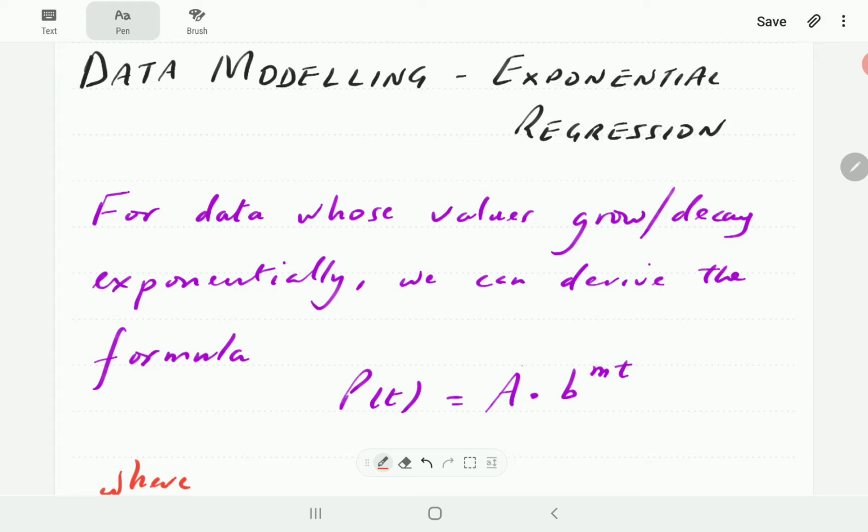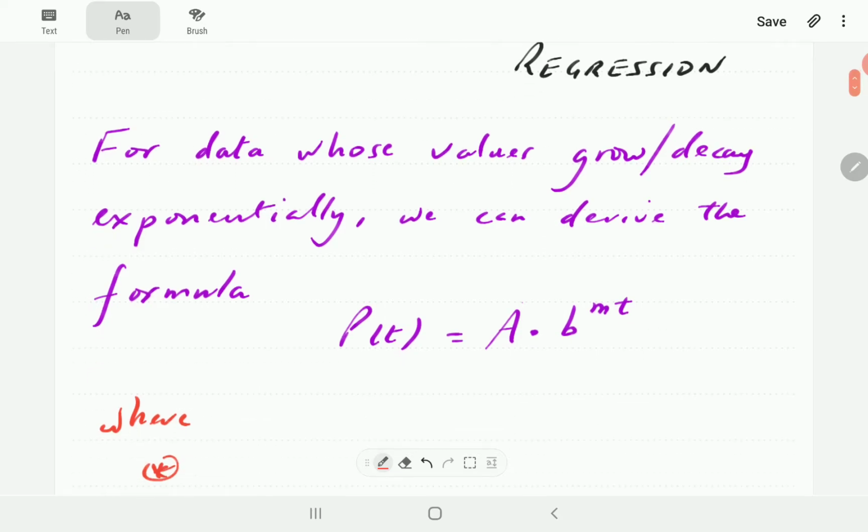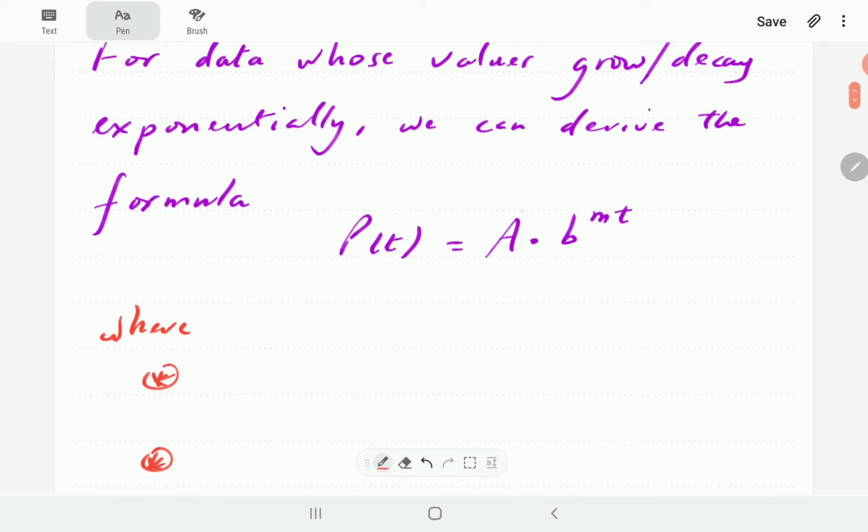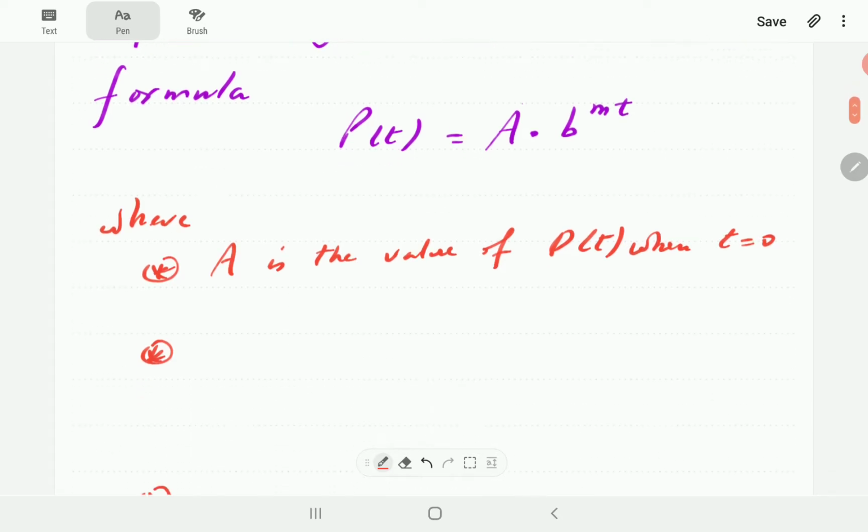And then we're going to fit an equation of the form a times b to the power mt. Now a is going to be the value of p when t is equal to 0. So this is the value of p of t when t equals 0.